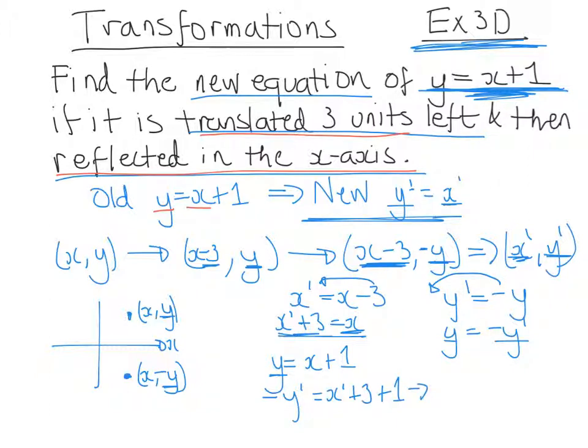Now if we do some manipulation on that, we could say minus the new value of y will be equal to the new value of x plus 4, and if we take that negative across to the other side, here is our graph after it's been translated according to the translations that we have.